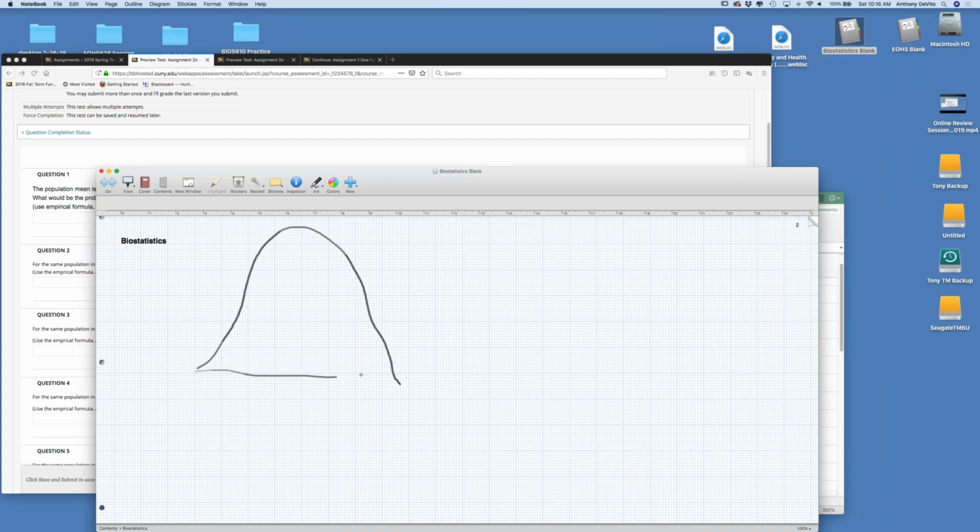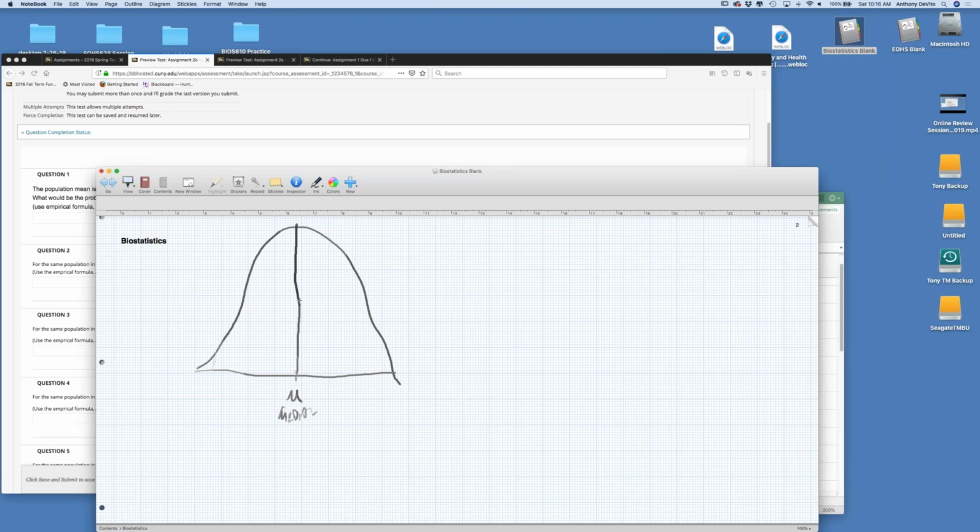Number one, it's a bell-shaped curve. As you get further out from the middle, the frequency of people that this applies to gets lower and lower. This might only be a few percent of the population. The other property is that, if it's a perfect normal distribution, the mean is exactly in the center, and the median has the same value as the mean.